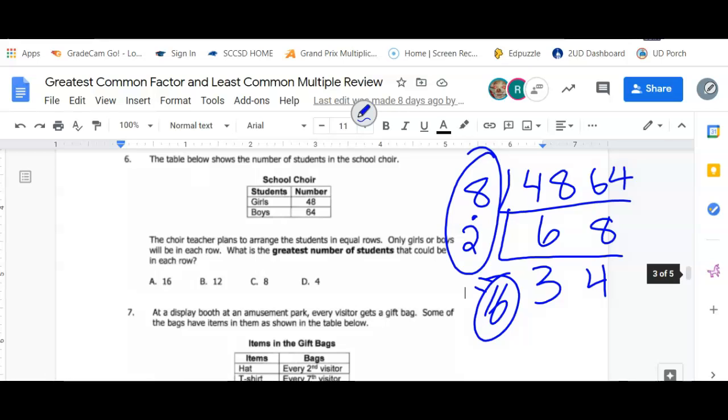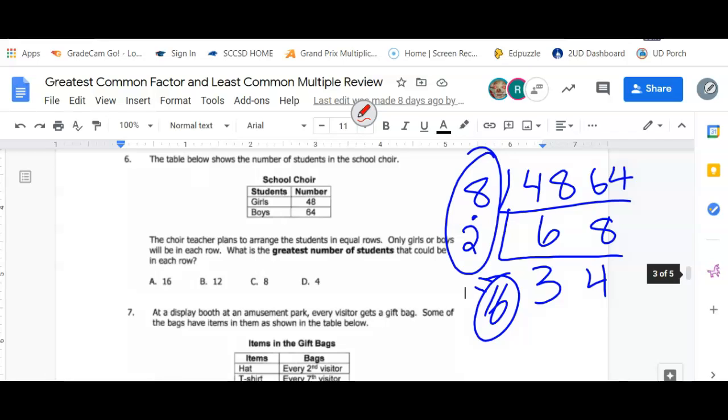Samantha, what do you think? 12. Okay, anyone else? Kaden? 7. Emery? 14. 16. 7. I agree with 7. 7 is the correct answer of how many rows this choir will have.